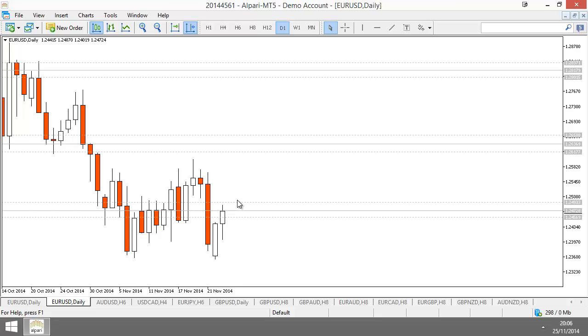People love Fibonacci. People in the advanced course still use Fibonacci. I don't use it personally, but they feel like they want to use it, and that's fine. It's just up to you how you decide to trade in the end. You shouldn't copy me exactly. You should do what you're comfortable with. If you find Fibonacci, pivot points, whatever is useful, use it.